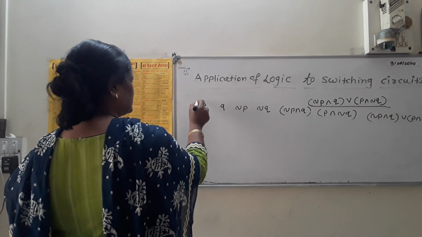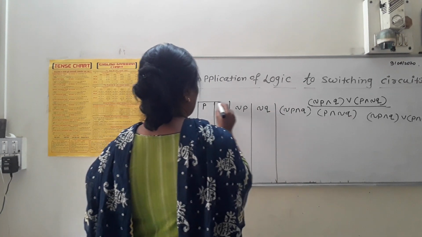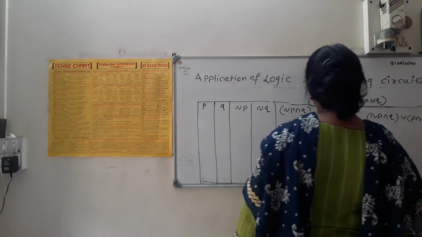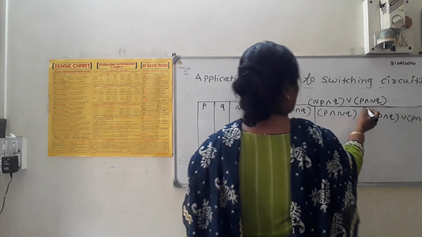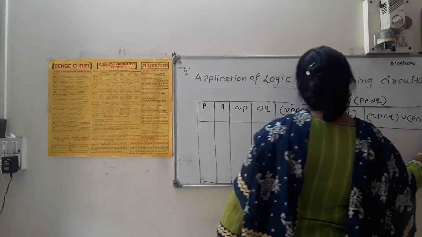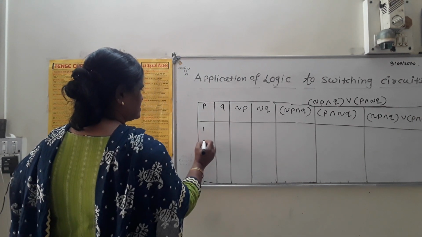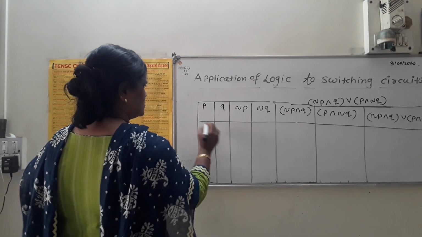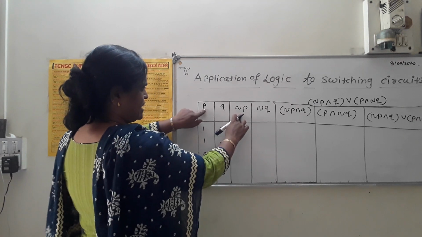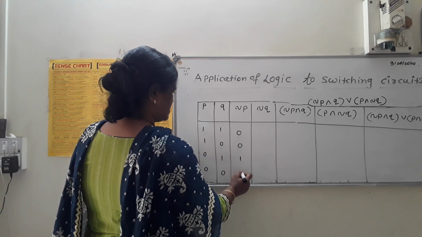Now P, Q here, P means 1 1 0 0 1 0 1 0. Negation P means 0 0 1 1.